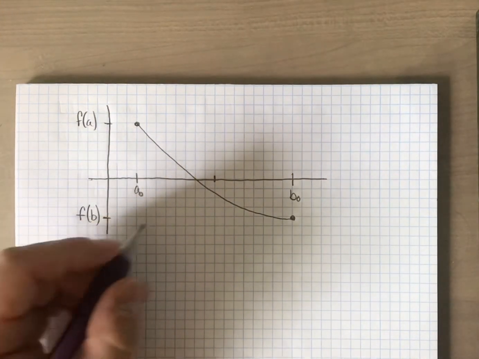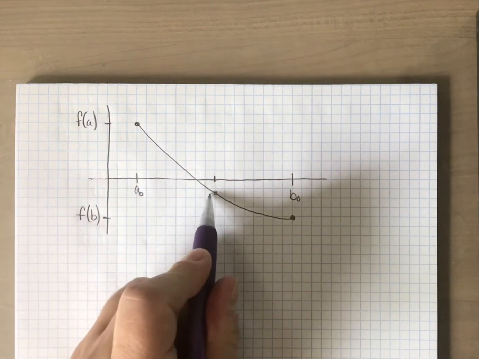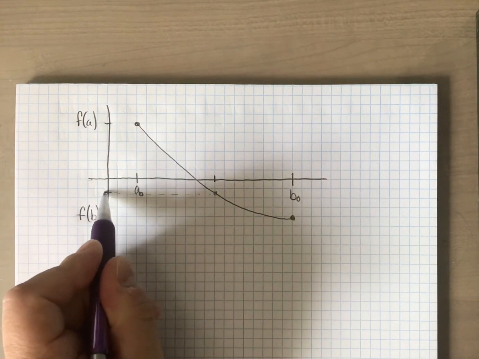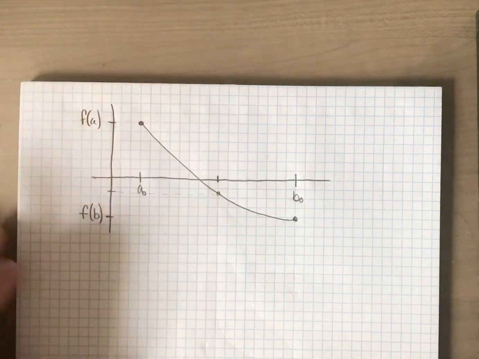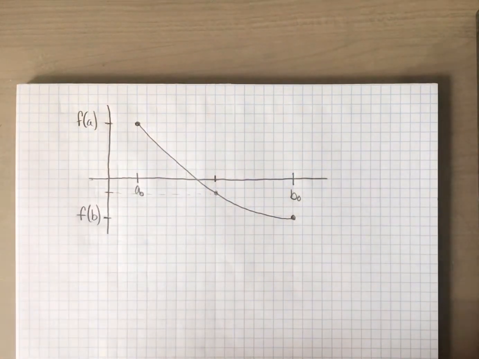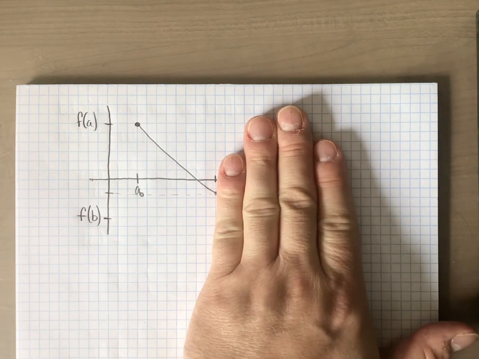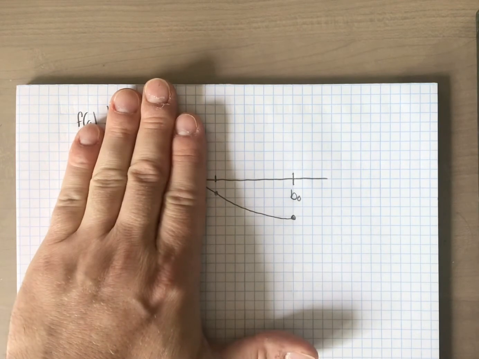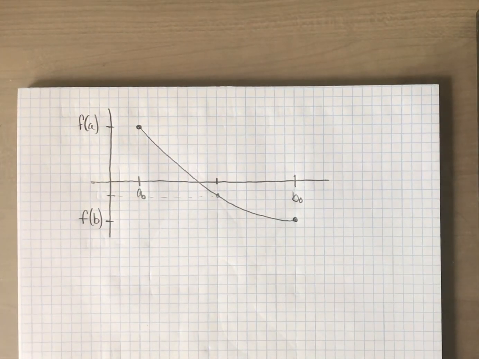And what it does then is test the output value at the midpoint. What we've got here now is two separate sections of the graph: one section to the left and a separate section to the right. Now, one of these is actually a similar situation to what we began with.